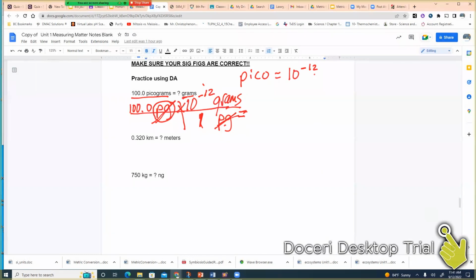What's it going to be? 100 times 10 to the negative 12. What do we get? Anybody else get an error?